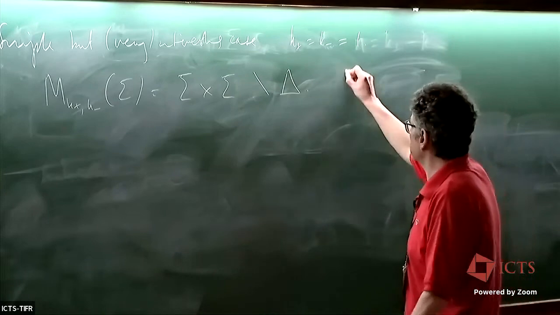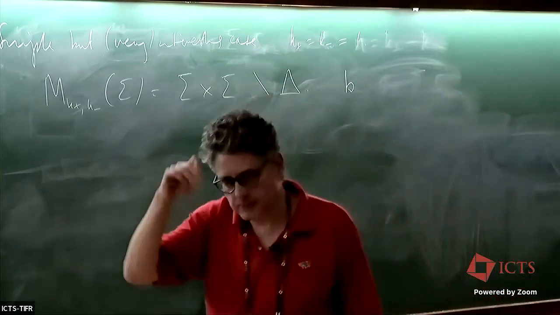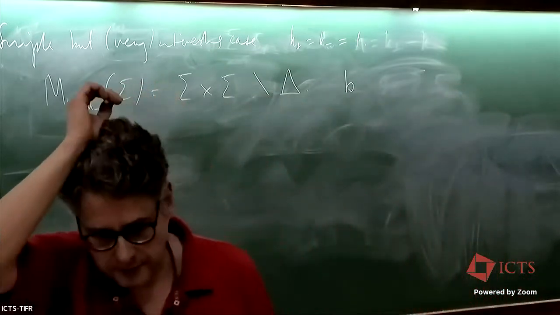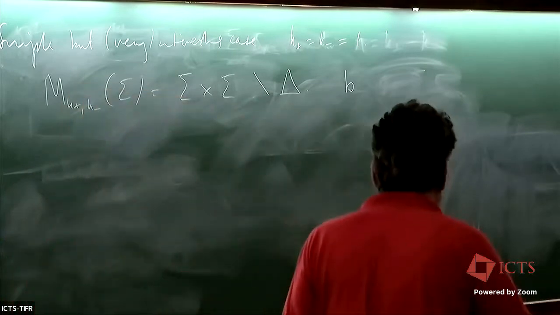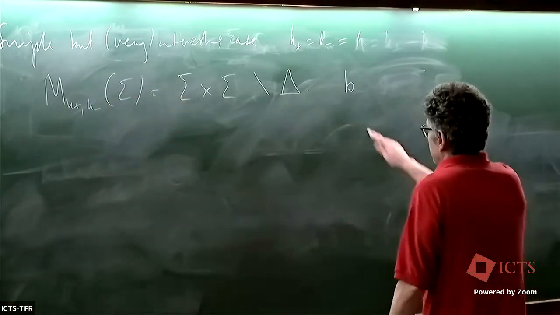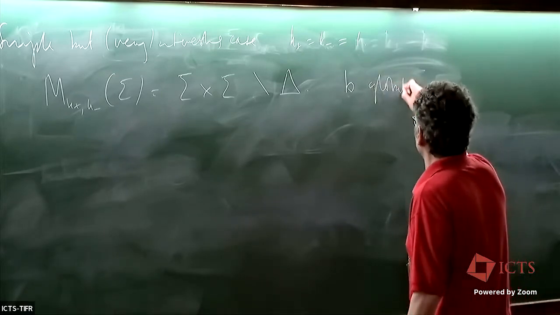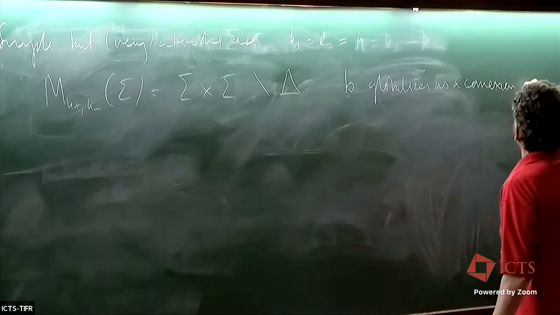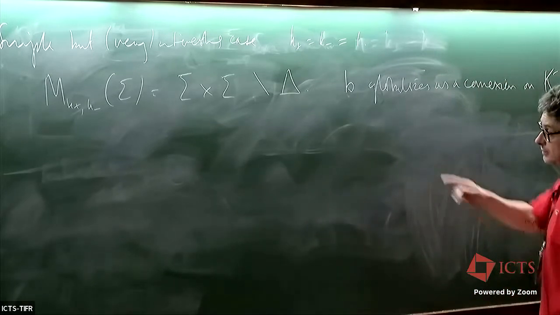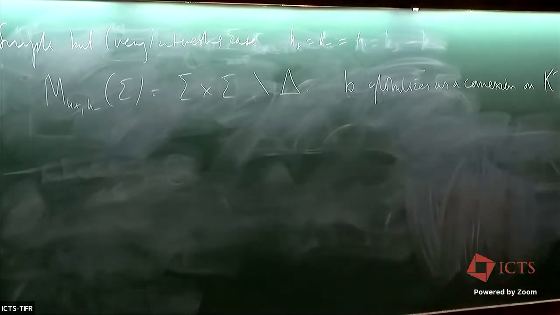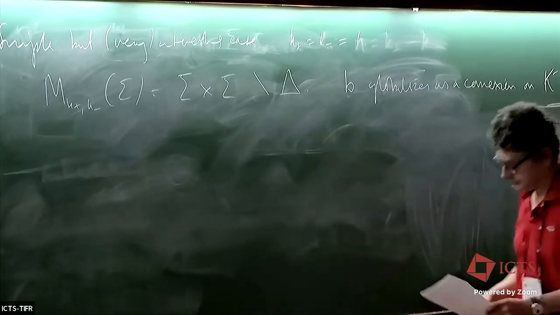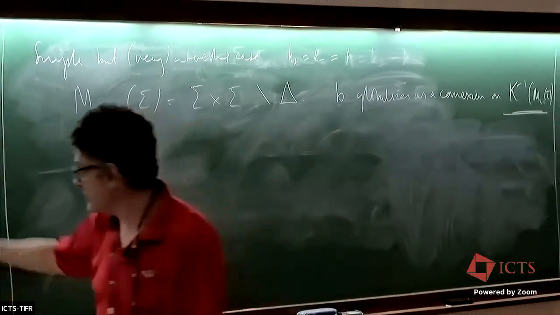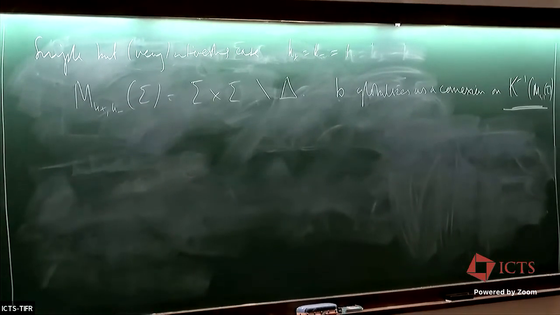And in that case, it's not hard to show by an argument similar to the one I did for the linear model last time, that B globalizes as a connection on the anti-canonical bundle of that space.